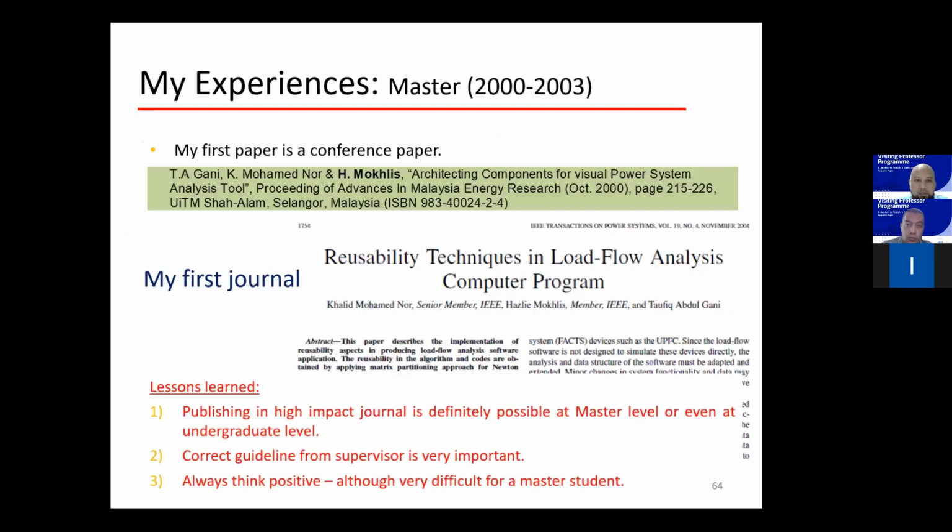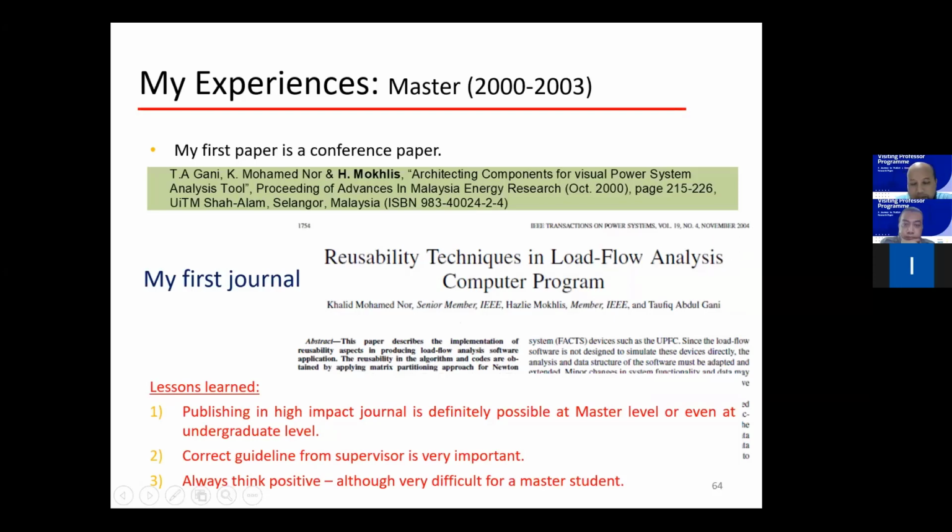This is last part of the presentation. I just want to share my personal experience, so that I hope that it may motivate you to write a paper. So this is my first conference paper, and this is my first journal. My first journal was in IEEE Transaction on Power System, 2004.